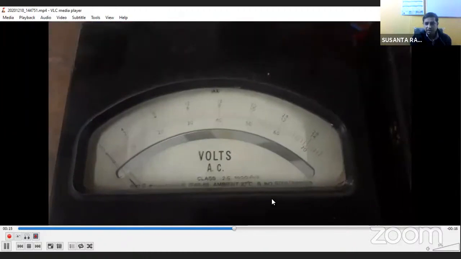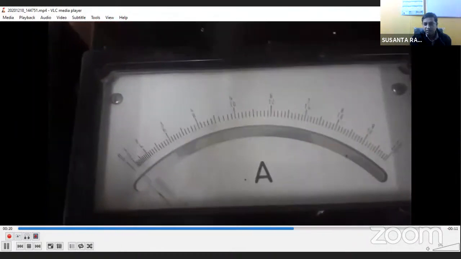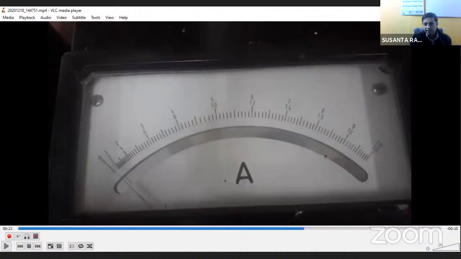And the ammeter also we have to change here, because the current which will flow in the rated condition will be quite high. For this particular transformer, the rated current is 13.6 ampere. Therefore, we have taken a 10-20 ampere range ammeter.